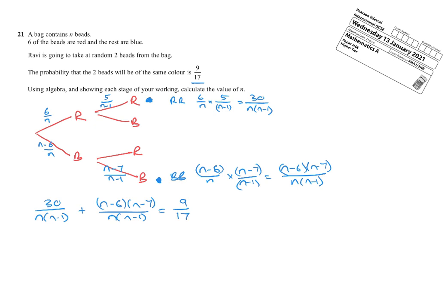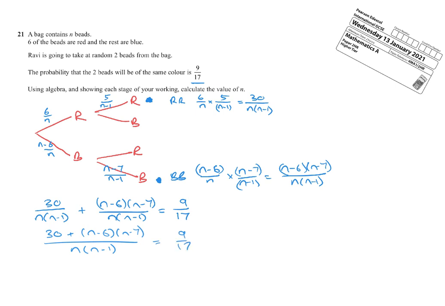It looks pretty hideous. It's obviously an algebraic fraction, but we should be able to work our way through this and get to a sensible solution. The denominators are the same on the left-hand side, so that's nice. That means that gives me 30 plus n minus 6 times n minus 7, all over n times n minus 1, equals 9 over 17.